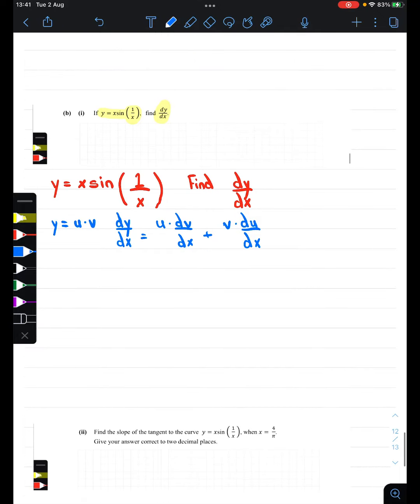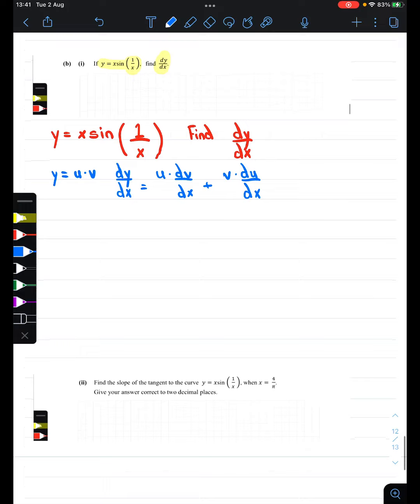So the first function times the derivative of the second function plus the second function times the derivative of the first function. Okay, so u in this case equals x, and v equals sine of 1 over x.